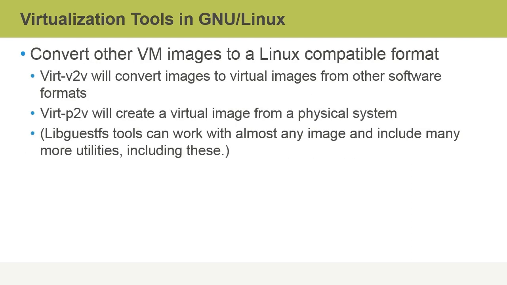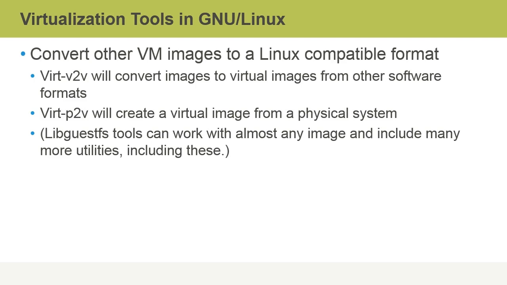KVM has the ability to convert other disk image formats into one that is compatible with KVM. The program used to do this is Virt V2V. Other disk images include VirtualBox's disk image, Virtual PC hard drives, Parallels hard drives, and the QEMU formats that are used also in Linux.